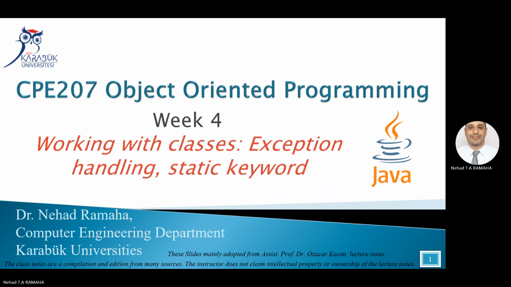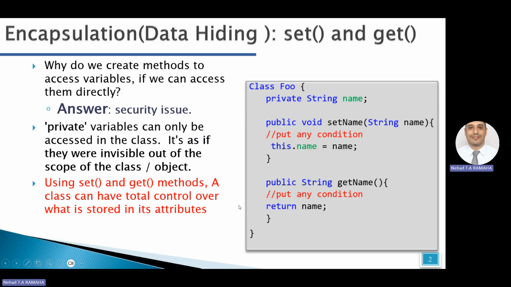So we mentioned encapsulation last time, and we said that encapsulation or data hiding means we protect our data. We hide our data by using the private keyword. Private means this variable or attribute name cannot be reached from outside the class.